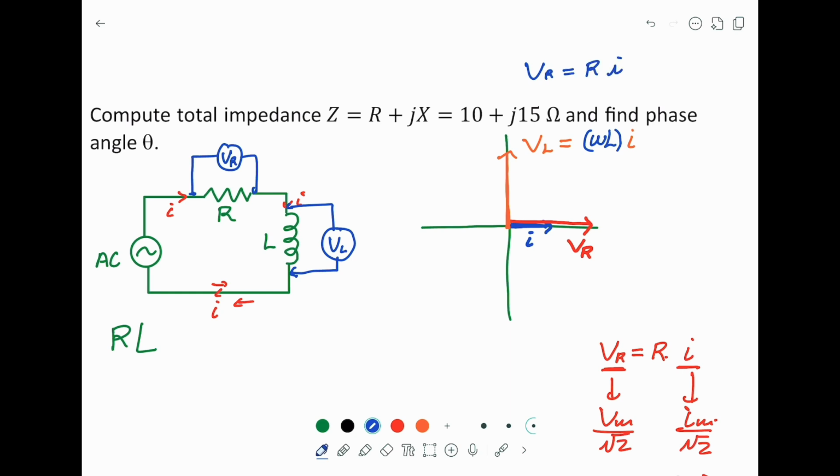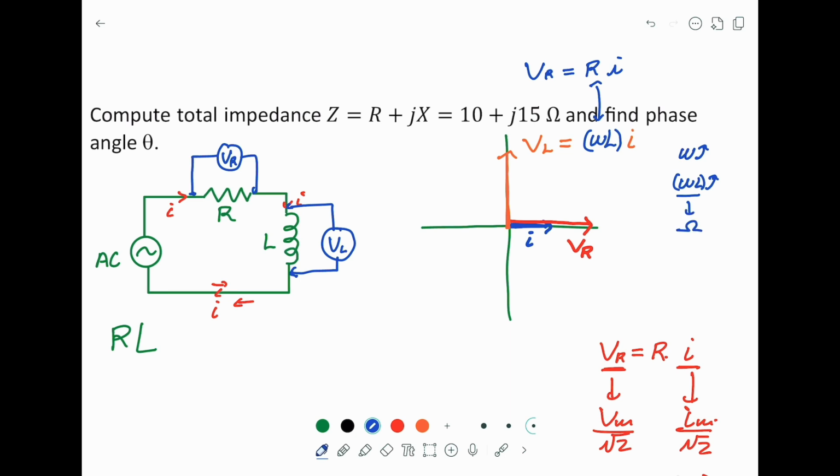So you can interpret omega L as if it is R, but this time, because we have a factor of omega, when omega increases, it means the frequency increases, the omega L also increases. Omega L plays the same role as resistance in Ohm's law, so this is also measured in ohm.